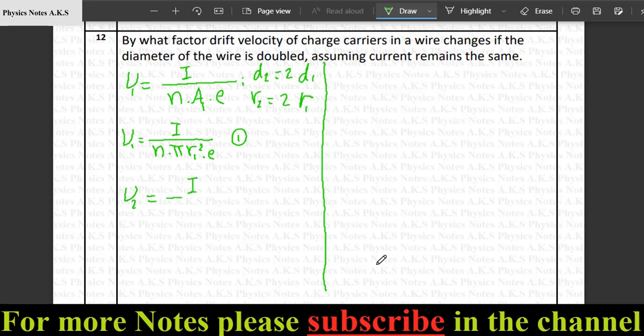So V2 will be I divided by number density multiplied by pi R2 squared multiplied by e.